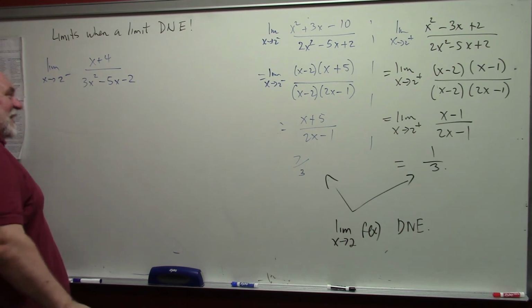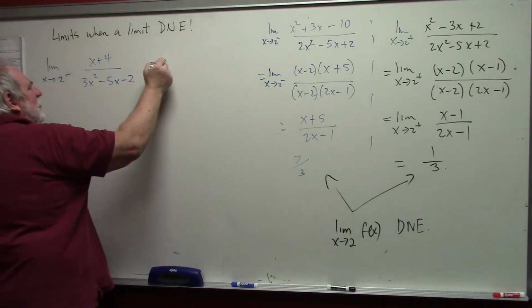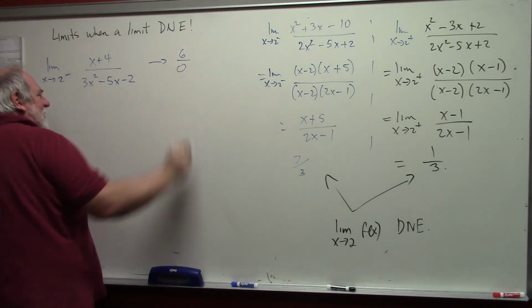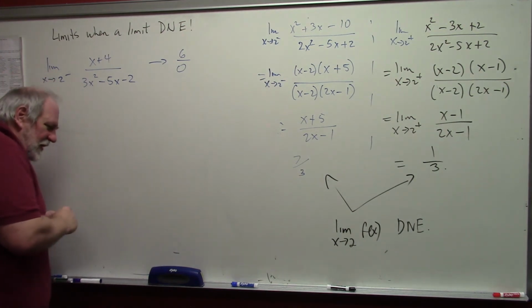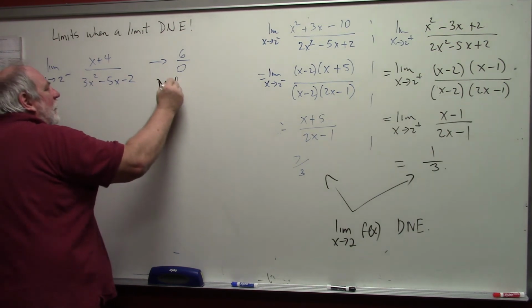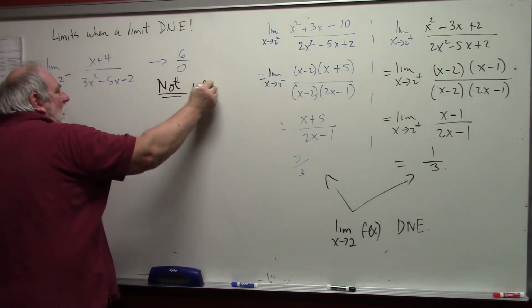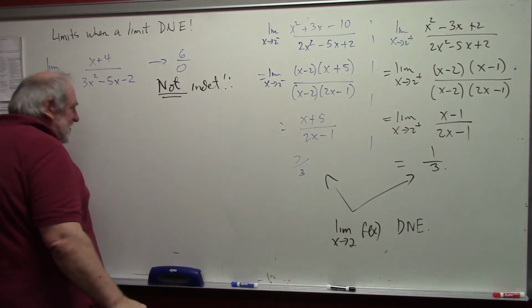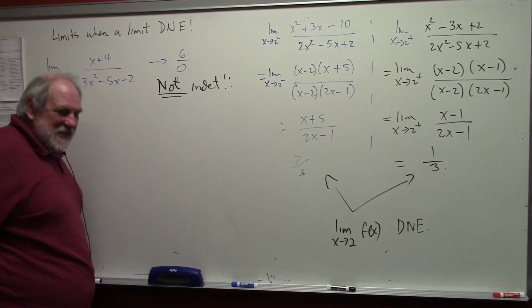And notice in this case, my numerator is approaching 6, my denominator is approaching 0. This is not indeterminate. This limit doesn't exist. It's actually going to be some kind of infinite.